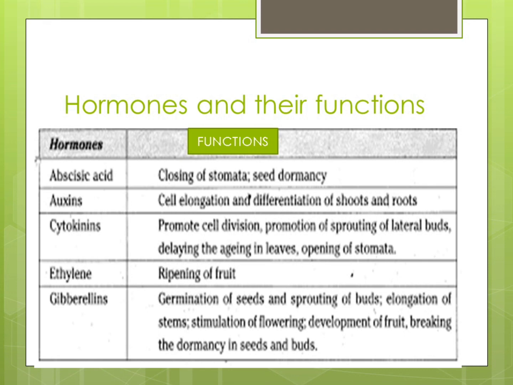Ethylene, it is a gaseous hormone which helps in ripening of fruit. Gibberellins, they help in germination of seeds and sprouting of buds, elongation of stems, stimulation of flowering, development of fruit, breaking the dormancy in seeds and buds.